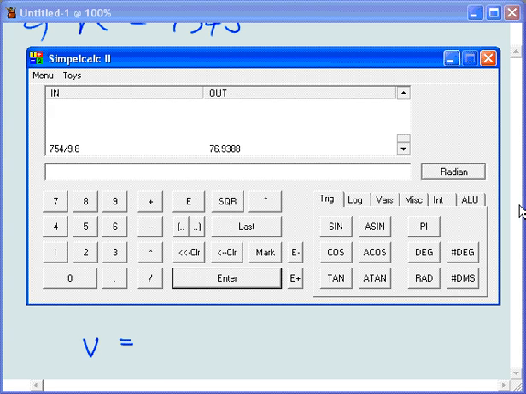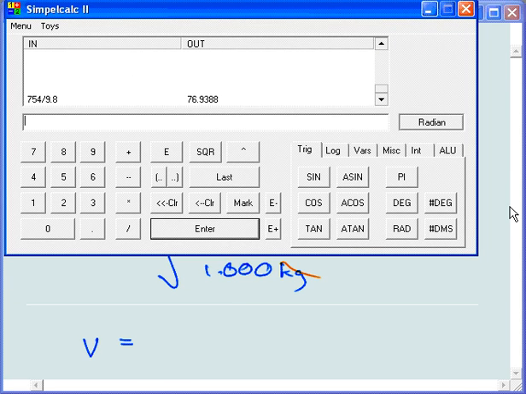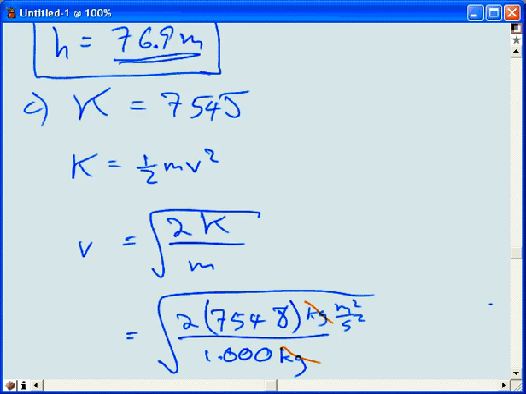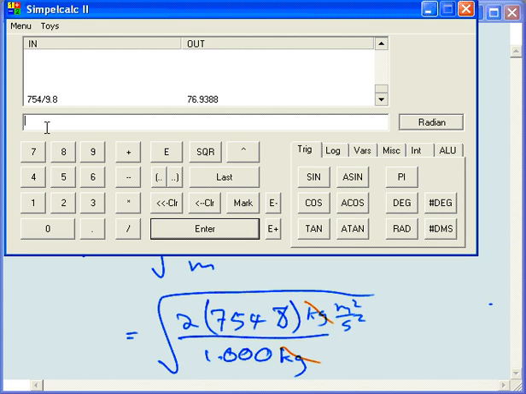So let's see if I can substitute those values in. I got the square root. I think what I'll do is put the stuff inside the square root. It's 2 times 754 divided by 1, which is just the same thing as 2 times 754. Put that inside the parentheses.